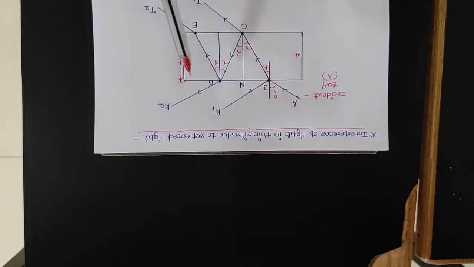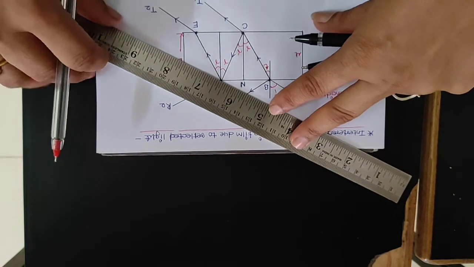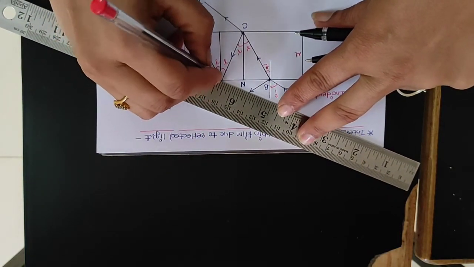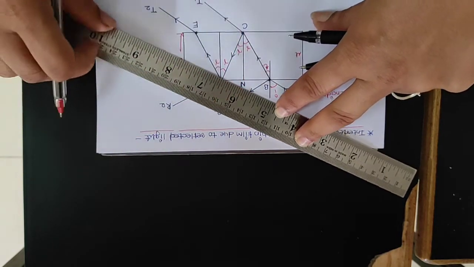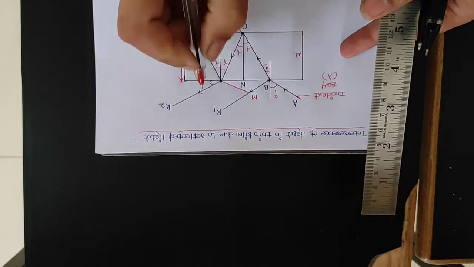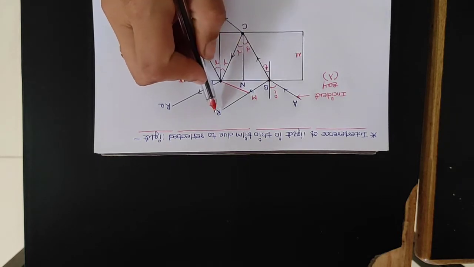Now to find out the path difference between the two rays, we have to draw a normal DM on BR1. Understood?